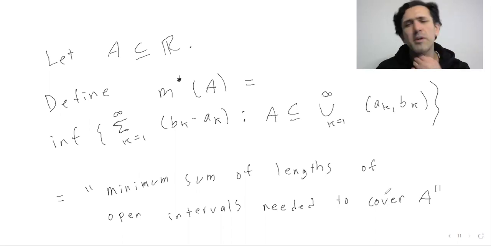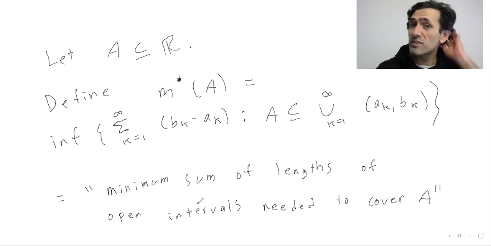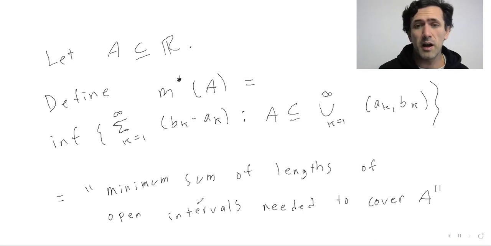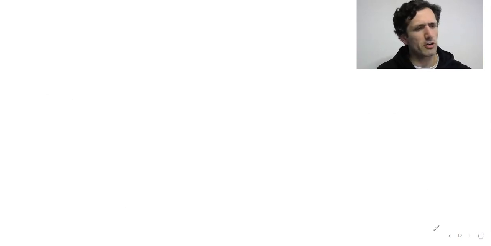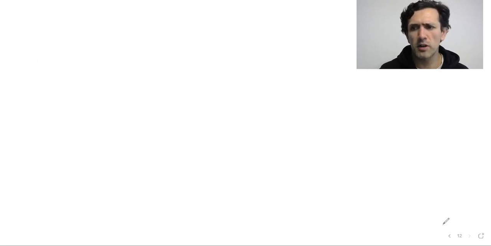In my opinion, when I write this down, this is not an unreasonable definition of length. It's reasonable. So let's start to prove some properties of this M star.